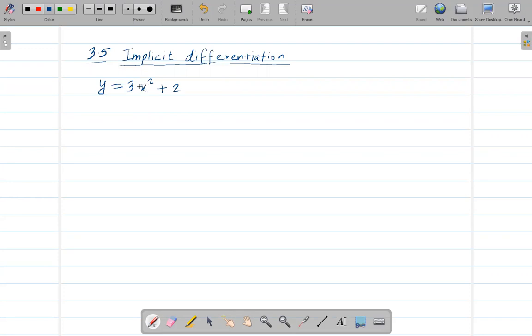So if the x value changes, then the y value changes. So here the y value is a dependent variable, because this y value depends on the value of x.